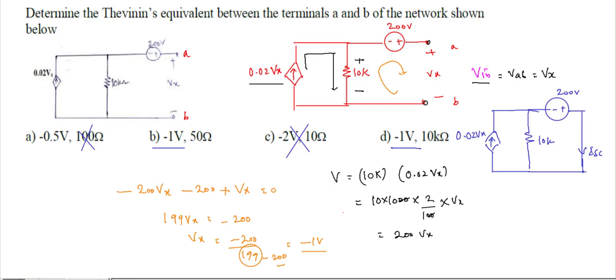If I find short circuit current, I can find the RTH. So what happens? VAB equal to Vx equal to 0. Apply nodal analysis here, minus 0.02 Vx current entering.